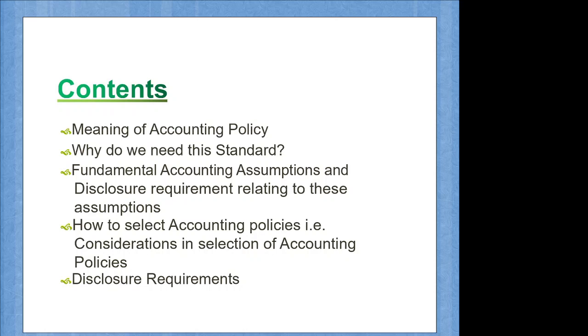What are the different fundamental accounting assumptions and disclosure requirements relating to these accounting assumptions? How do we select an accounting policy? That means, what are the primary considerations needed in selection of accounting policy, and the scope of Accounting Standard 1 regarding disclosure of accounting policies.